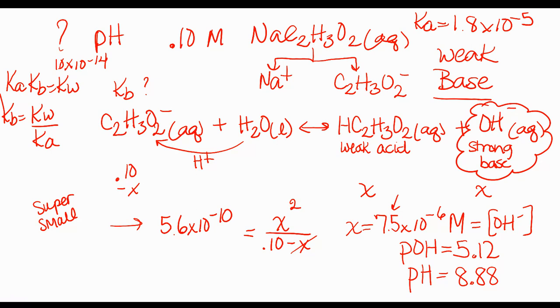Right? We'll take 14 minus that number. So just treat these ions as weak base, and then it's the same calculation as if you were doing, let's say, 0.1 molar of ammonia. They're all weak bases.